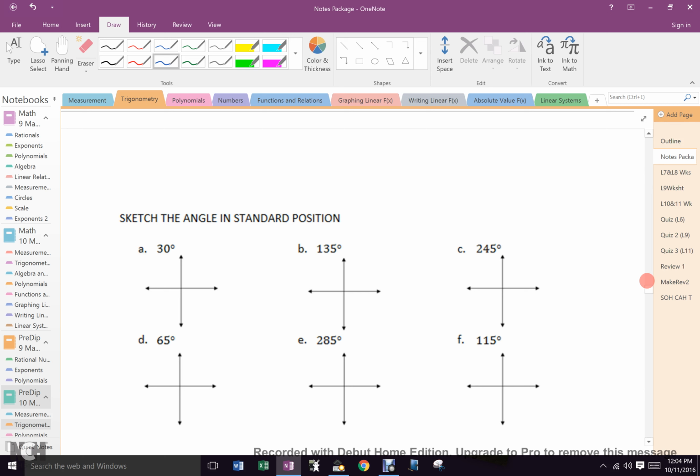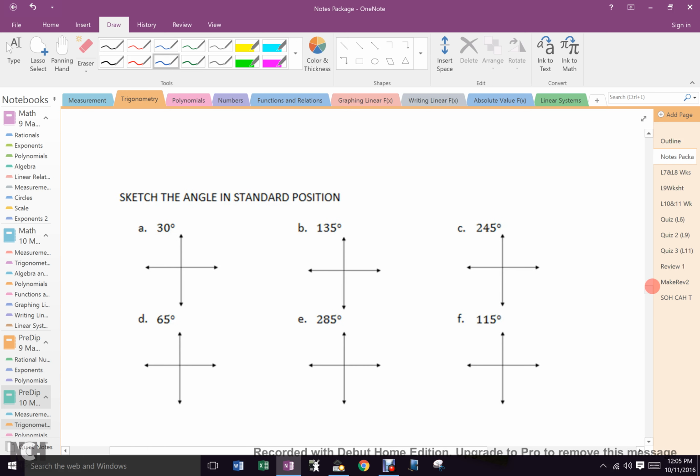So you get used to where the angles lie.